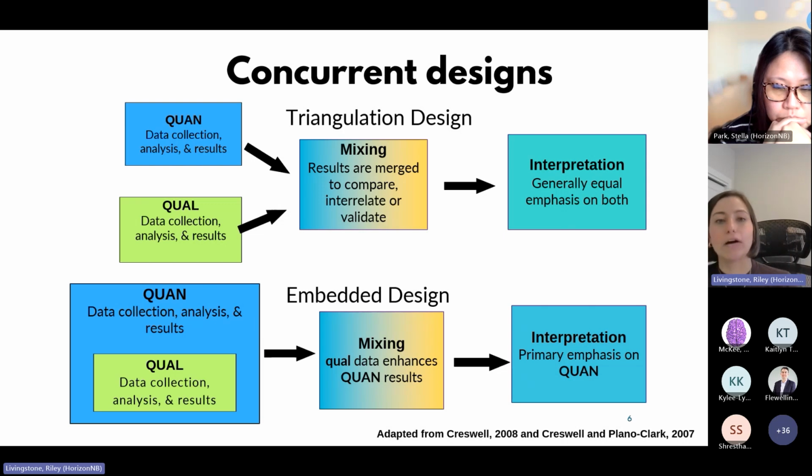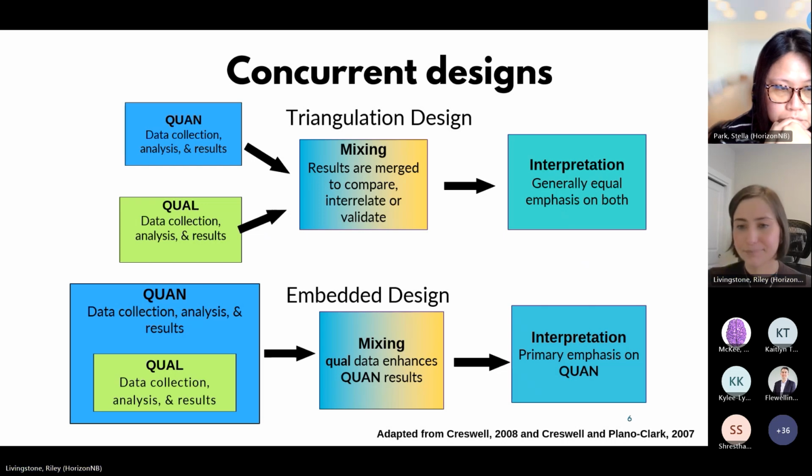And so on this slide are two types of concurrent designs. This is where data is roughly collected at the same time. A popular choice is the triangulation design, also known as a convergent design. This is often the first that comes to mind when a researcher hears mixed methods.